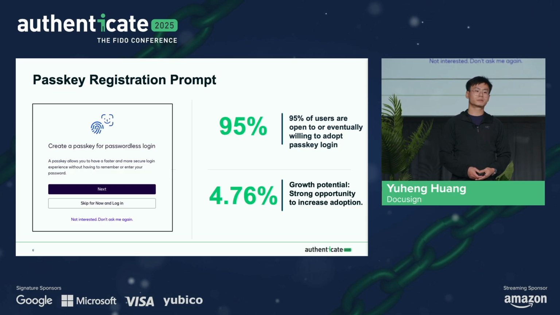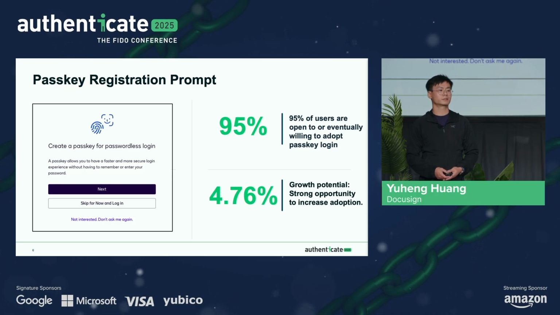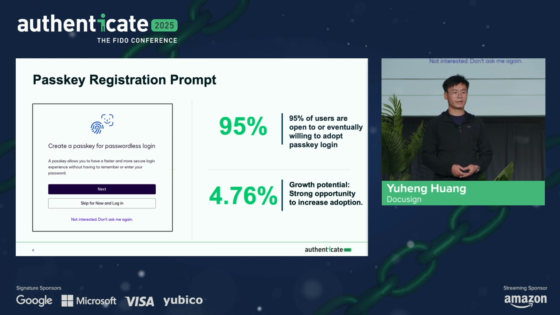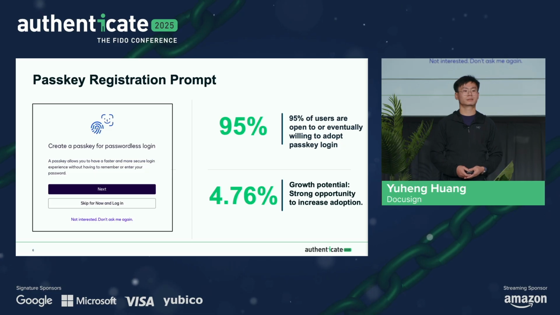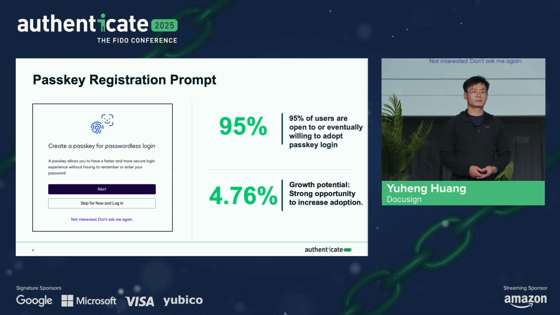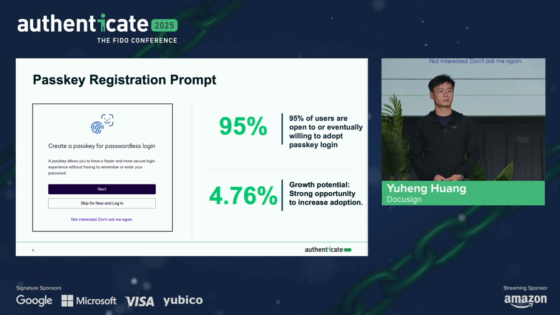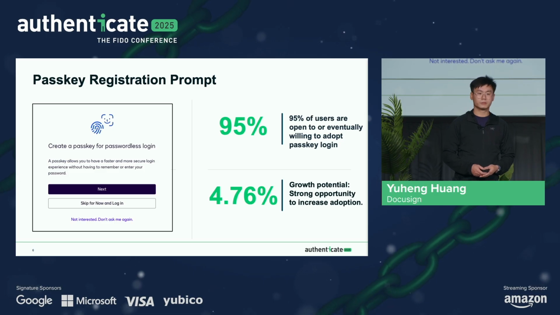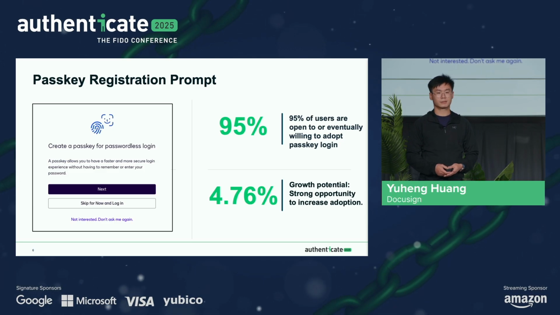One is through the user profile site, under the security section, where they can register security keys, passkeys, manage their two-step verification status, and enable passwordless login. Second, if a user logged in to Docusign with a password and doesn't have a passkey registered with us, we're going to prompt this screen to nudge the user to register and enable passwordless login.